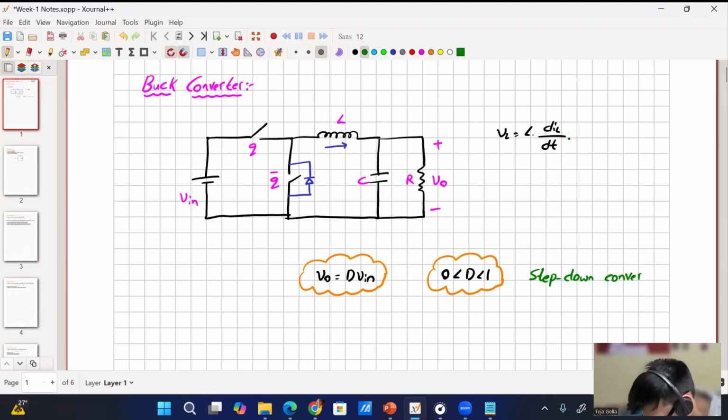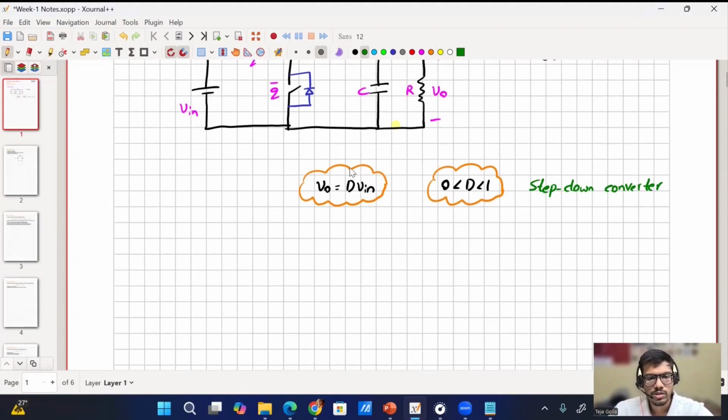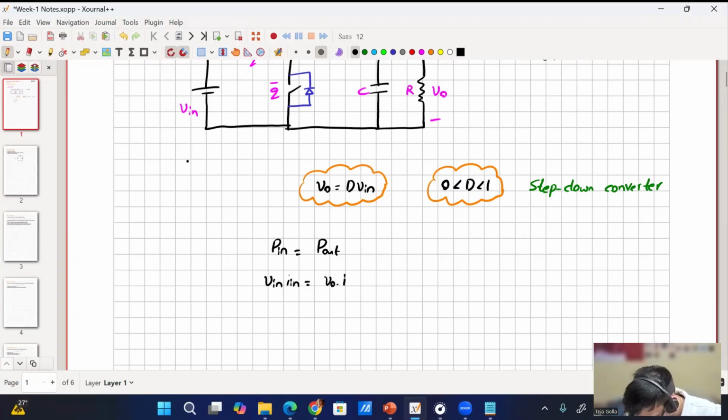So voltage will be bucking and current will be boosting, right? Yes, exactly. The output current will be more than the input current, of course, to match the input power equal to the output power. So P in is equal to P out, assuming 100% efficiency, which is not real, so the idealistic case, V naught into I naught.